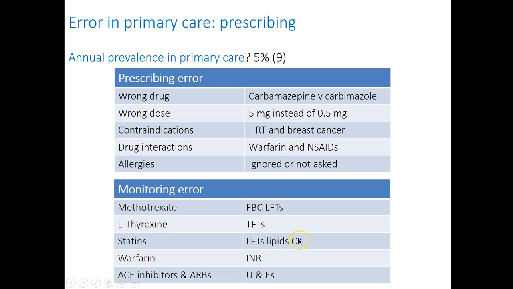Occasionally you may need to check creatine kinase also. Warfarin clearly needs an INR. ACE inhibitors, ARBs, and also thiazide diuretics need electrolytes done fairly regularly. It's important for GPs to have built-in mechanisms of doing these, have call and recall systems so that patients are informed to come and have these bloods done.